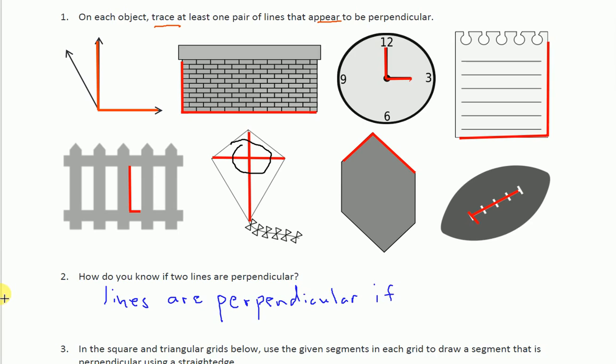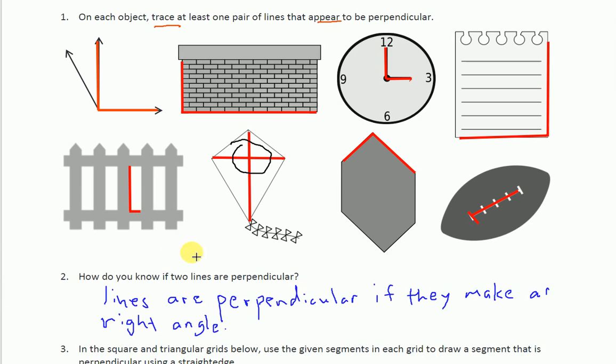If they form a right angle. Our lines are perpendicular if they make a right angle. There we go. That's a perpendicular line.